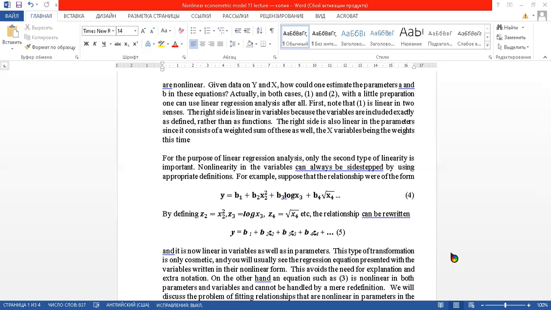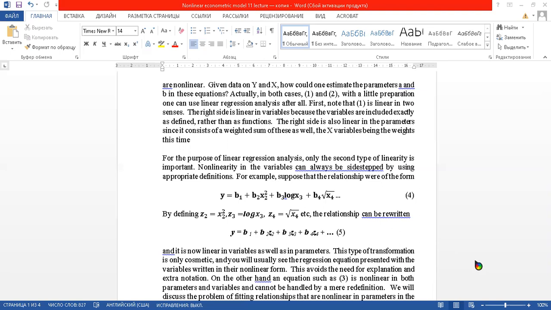This type of transformation is only cosmetic, and you usually see the relationship equation presented with the variables written in the nonlinear form. This avoids the need for explanation and extra notation.